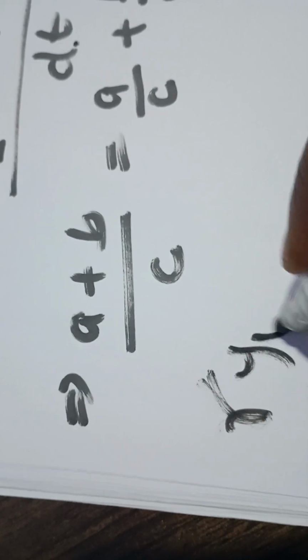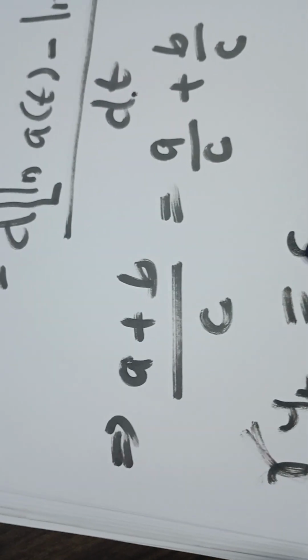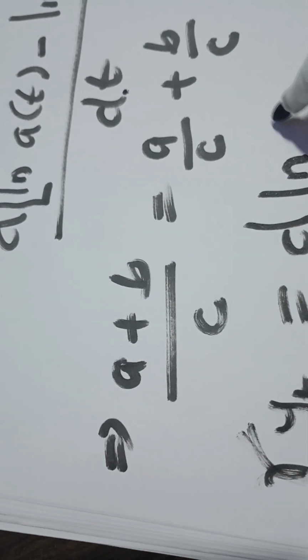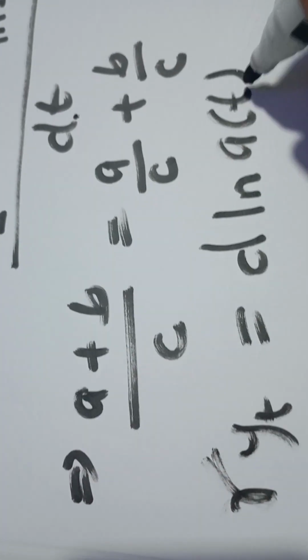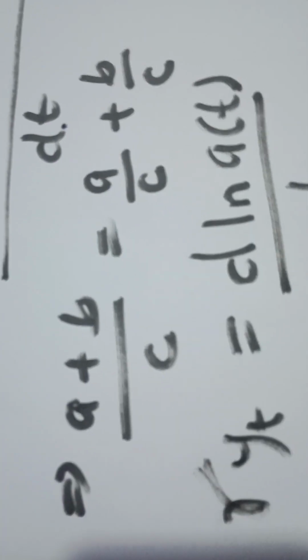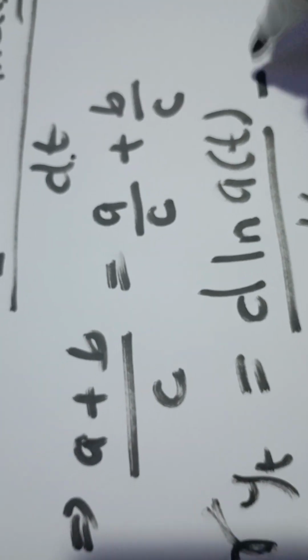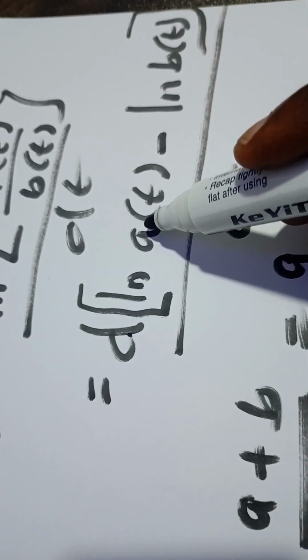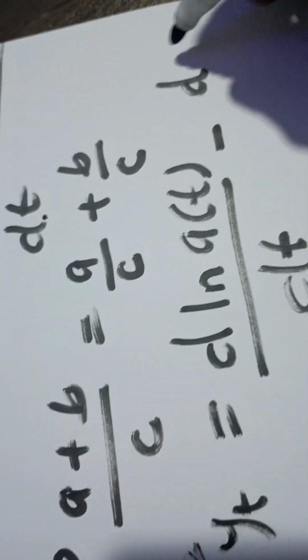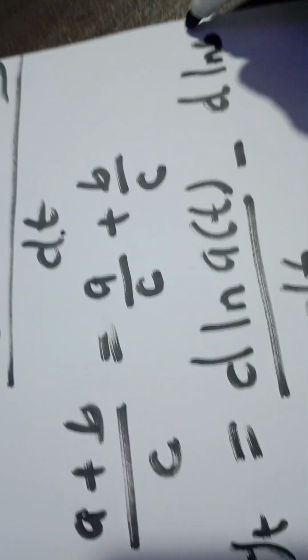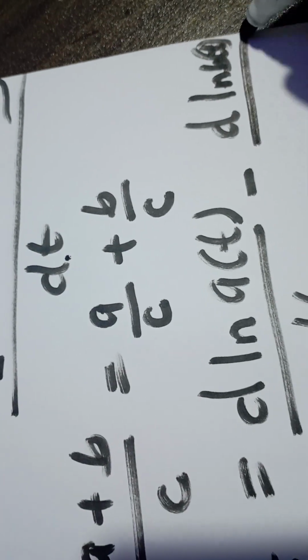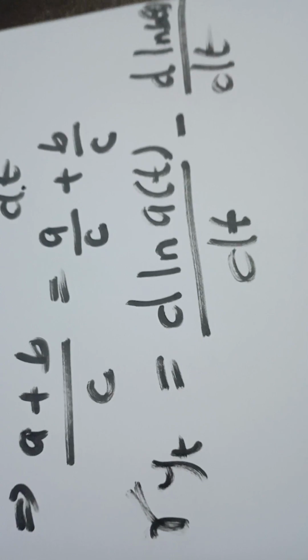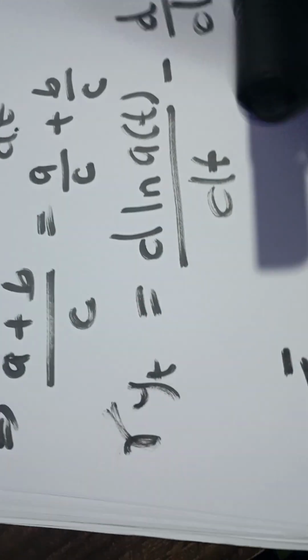So the growth rate in our y is now going to be the derivative of the ln of a at time t over t, distributing the denominator, minus the derivative, remember this is from outside, so it's multiplying every term inside, of the ln of b at time t over t. So let's shift a bit back.